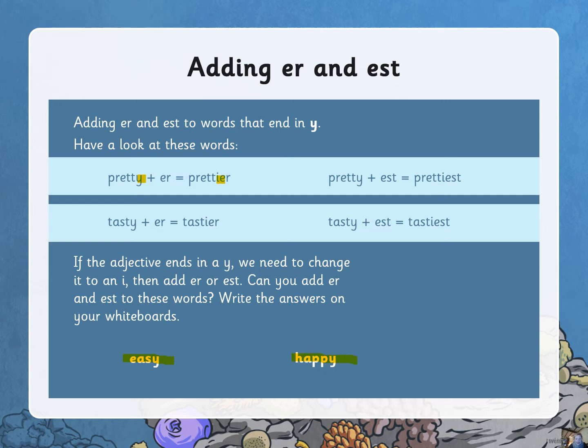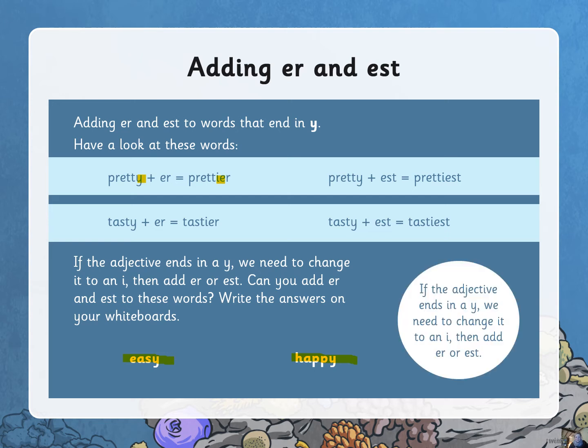Now look at the adjectives. They both end in y. Have a go at writing easier and happier, easiest and happiest. Remember that spelling rule as you go. Did you get them right?